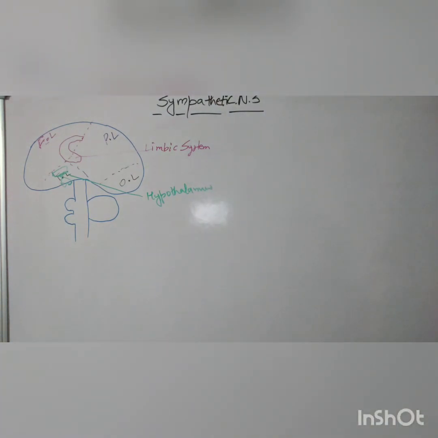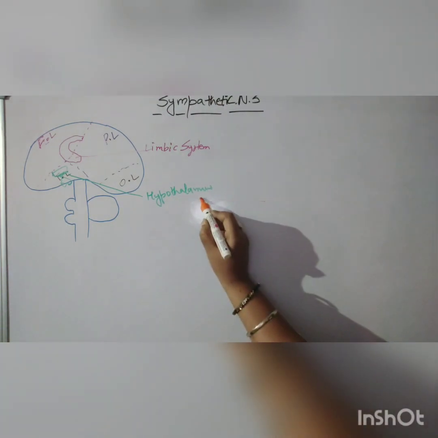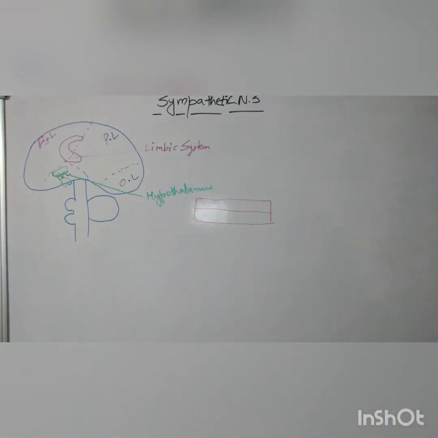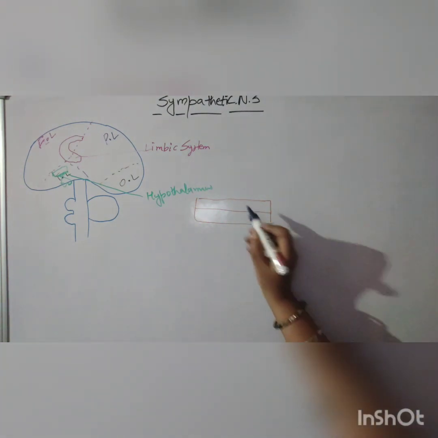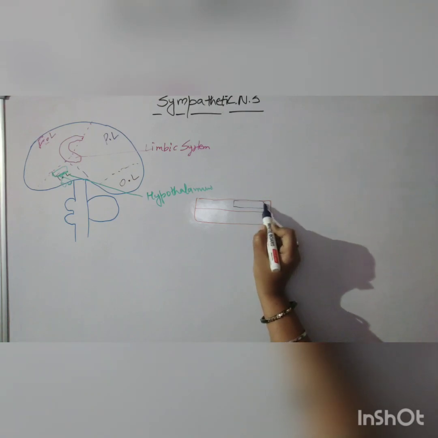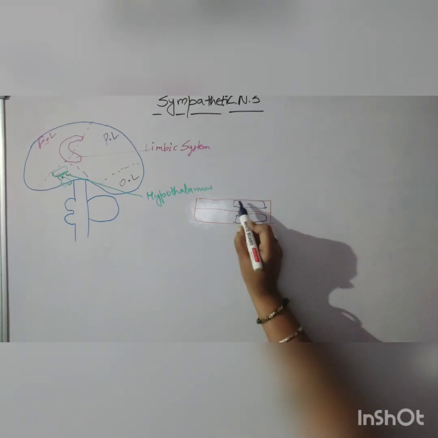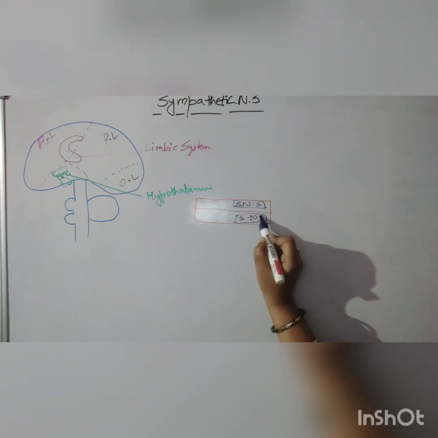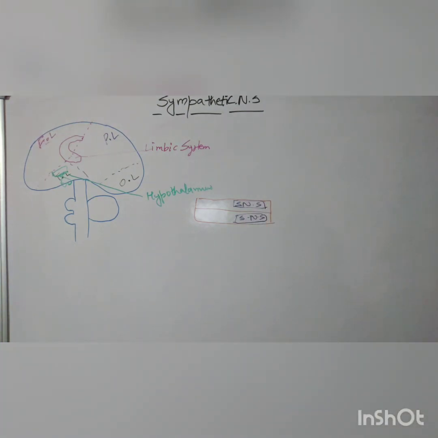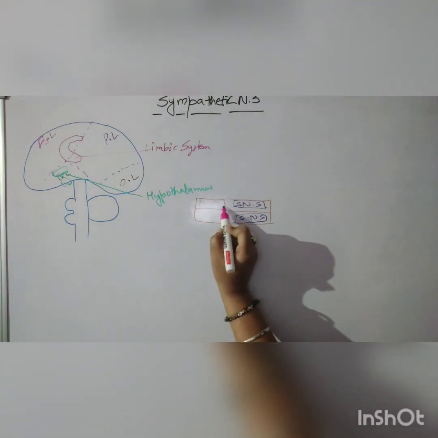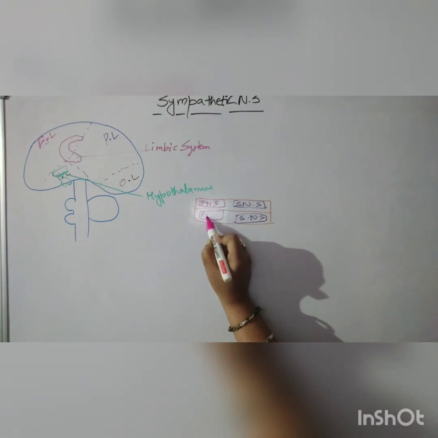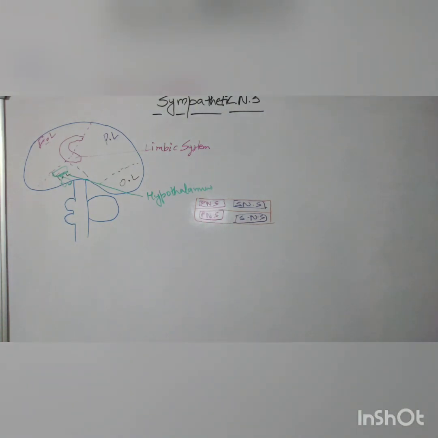If we draw the hypothalamus here, it has two parts. This is your sympathetic nervous system, and this is your parasympathetic nervous system. Clear?